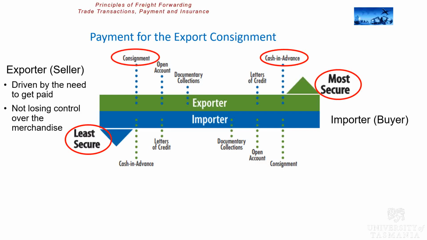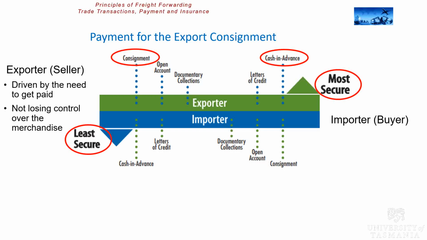Now, probably last on the list for an exporter is that they have to provide the goods on consignment, which effectively means that they send off their goods, the buyer gets the goods, and sometime down the track, based on an agreement, the buyer, once they've been able to sell the goods, will then remit the payment back to the seller.